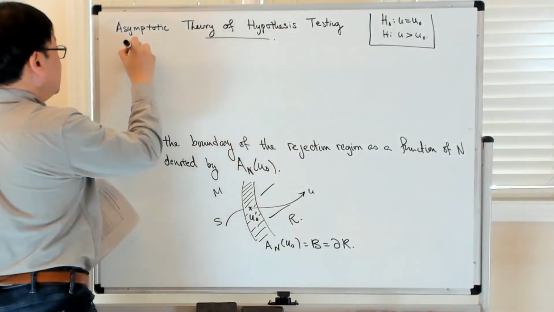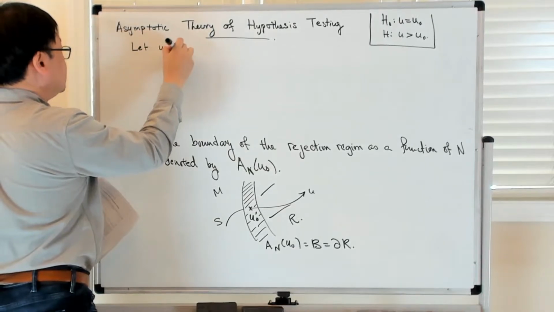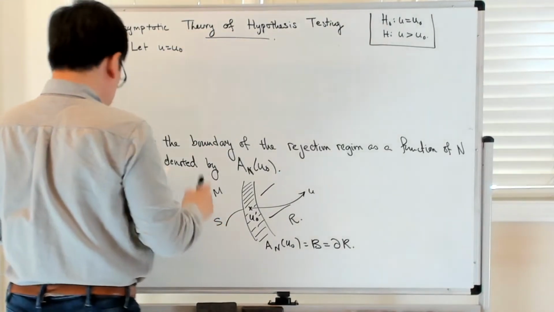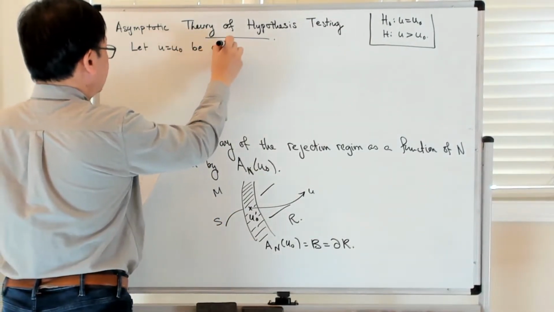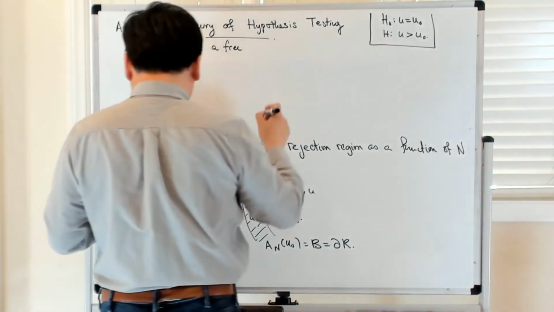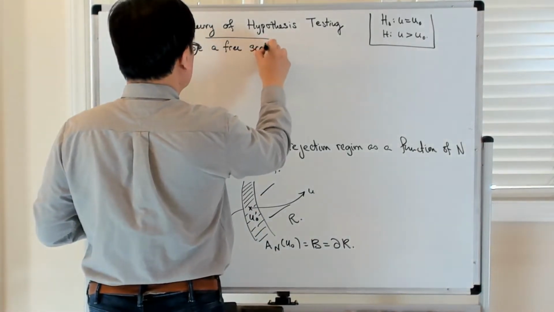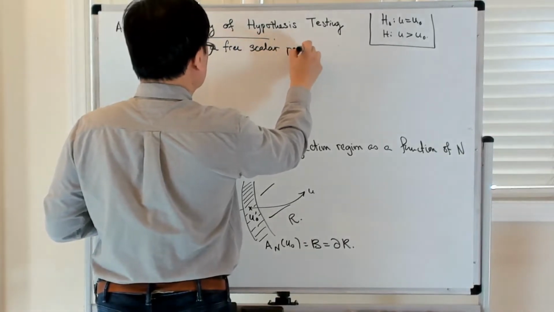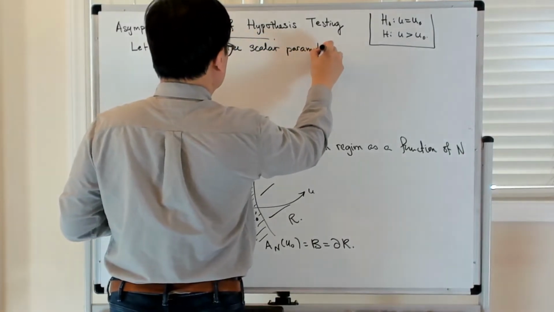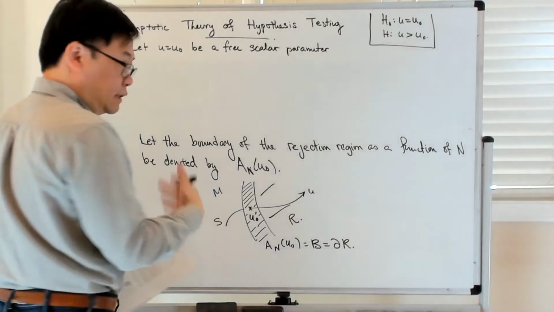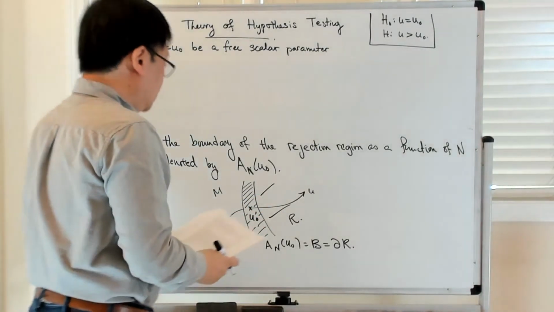So you let u equal to u0 be a free scalar parameter, because you're assuming S is just a one-dimensional curve.